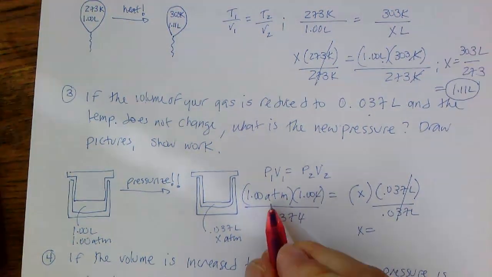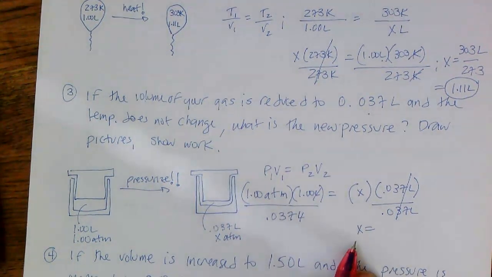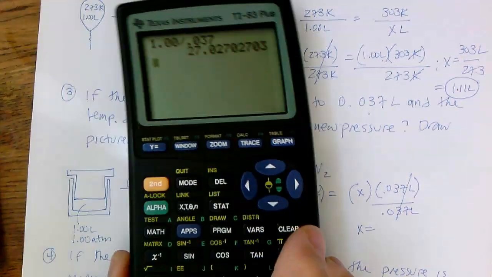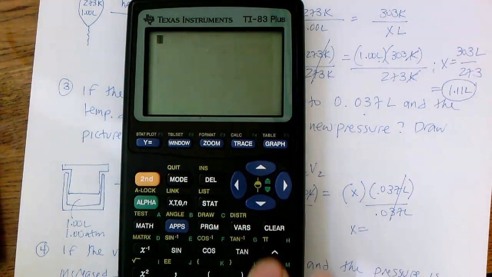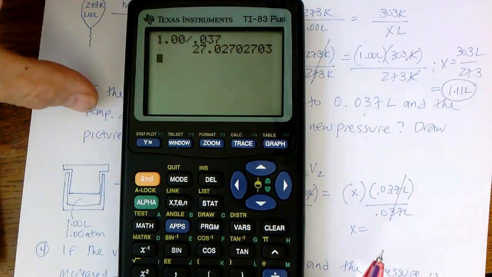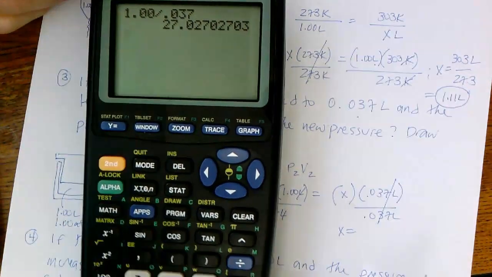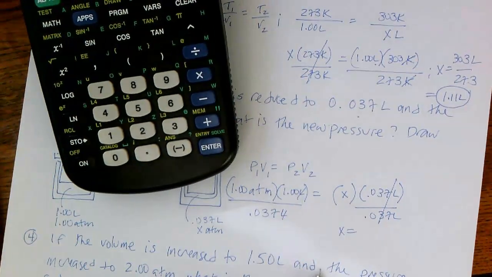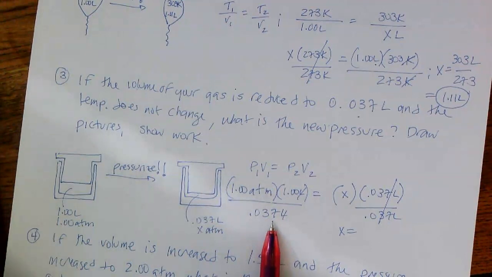Liters is gone. Atmospheres is what it will kick out. So I need 1 over 0.037. 1.00 divided by 0.037 equals 27.027 repeating. How many significant figures? Well, in this case, I think we had 2.